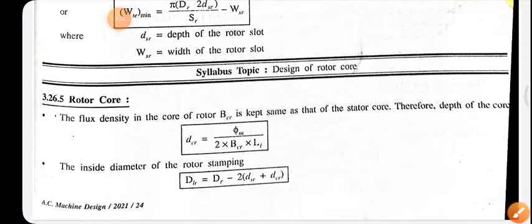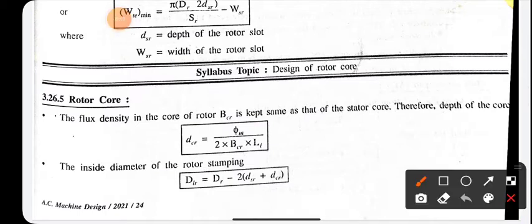The last topic in the design of the rotor is the rotor core. In the rotor core the flux density is given by Bcr. It is kept the same as that of the stator core. The flux density should remain the same for the rotor core as well as the stator core.